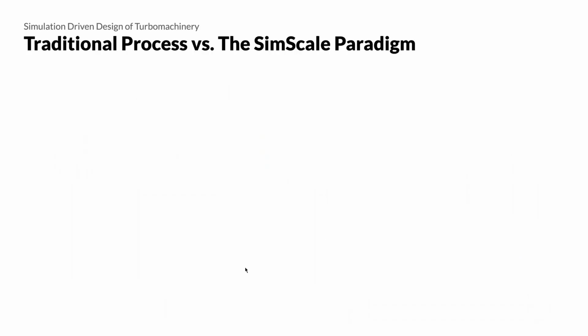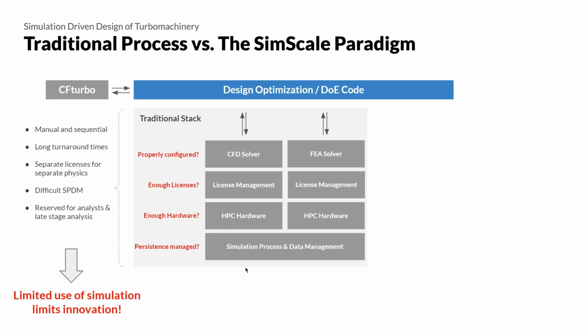Traditionally, though, the desktop-based simulation ecosystems that we often see come with certain limitations. For example, needing multiple licenses to access multiple physics, lack of HPC accessibility when you need it, when you need to quickly validate your CAD designs, data and process management.